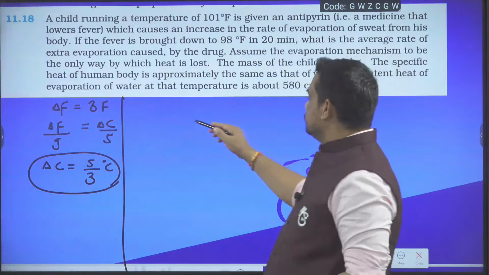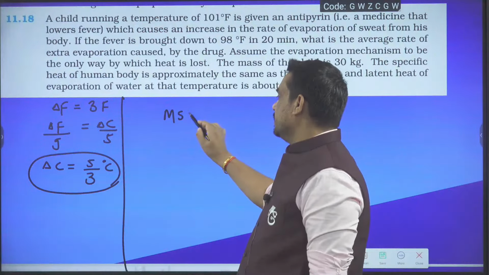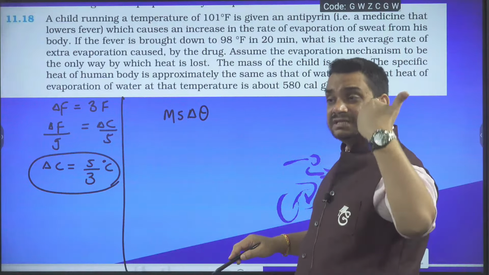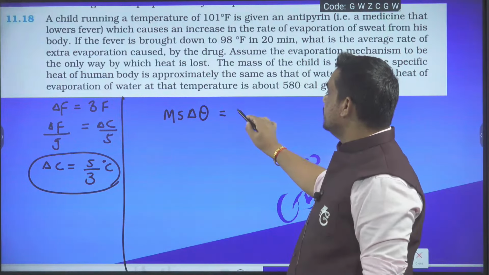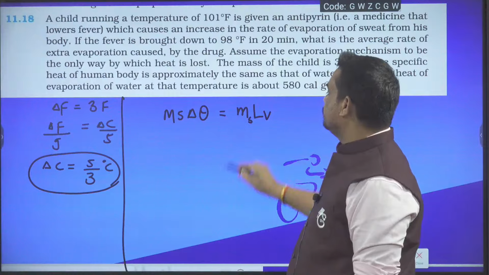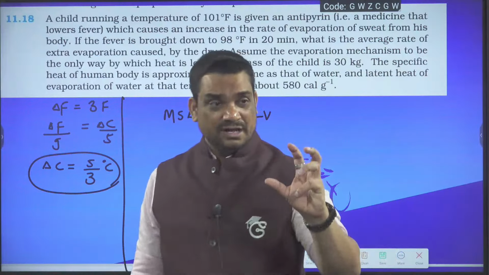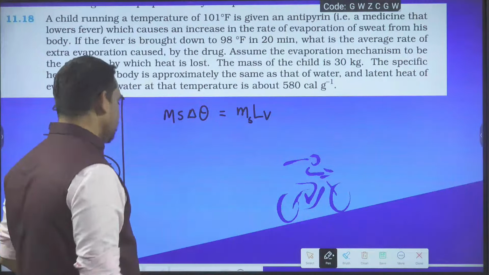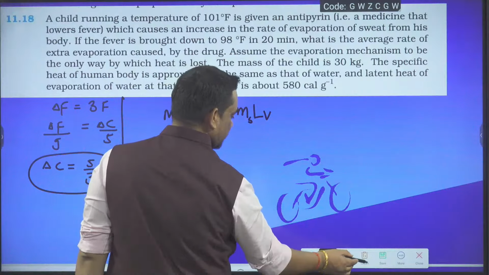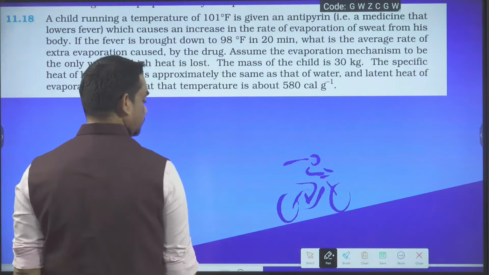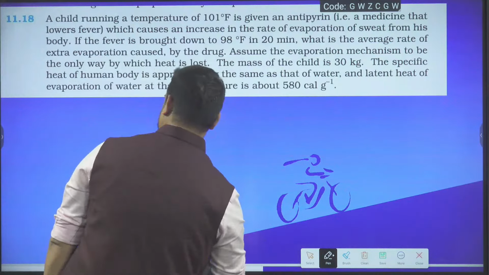So we can say in this, when your body temperature is coming down, ms delta theta, this much energy we have to release outside. How will it be released outside? Basically your mLv, mass of steam formed, I cannot say steam, I can say vapor formed, mv into Lv, you know?